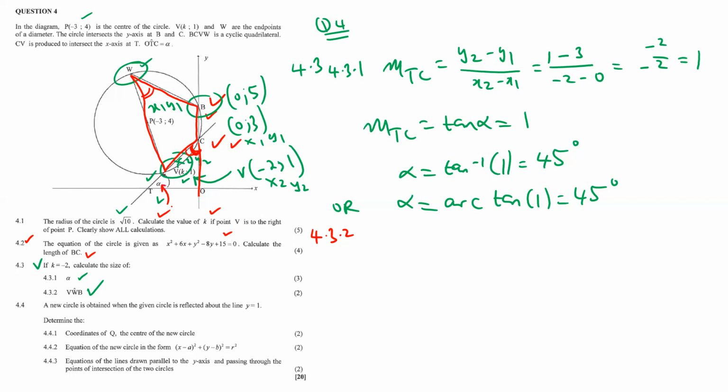Note therefore that this one is 45 degrees. This one is 90 degrees because it's the angle between the x and y axis. The angles in the triangle must sum to 180.